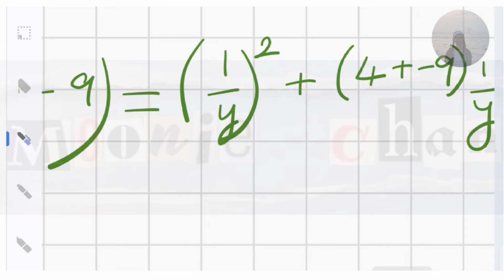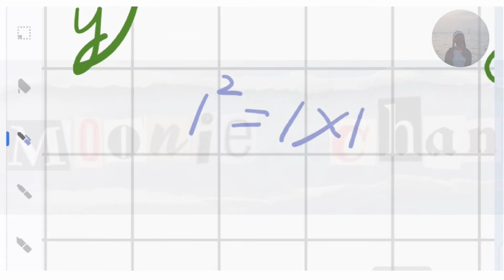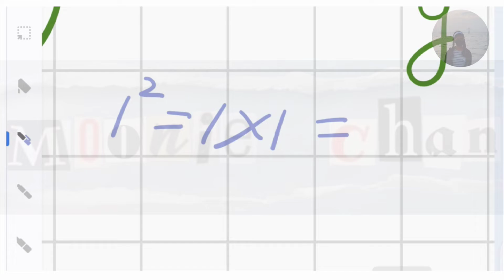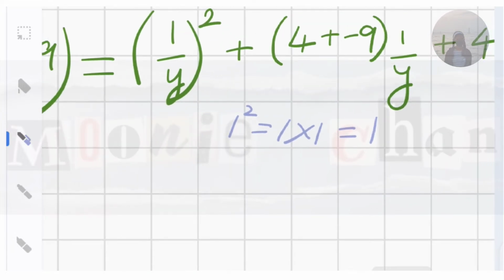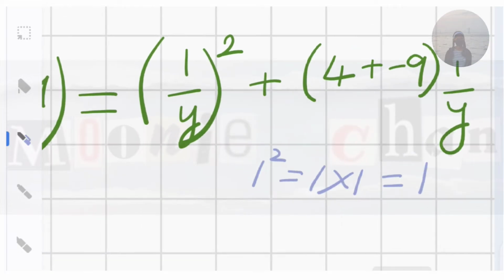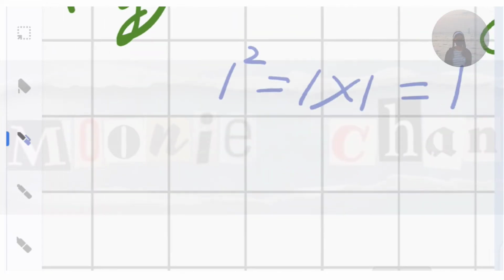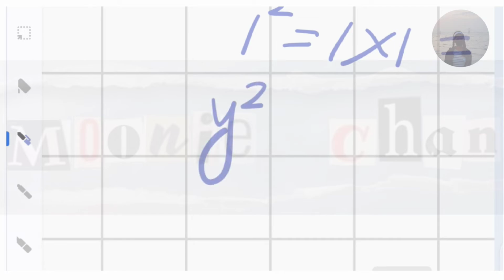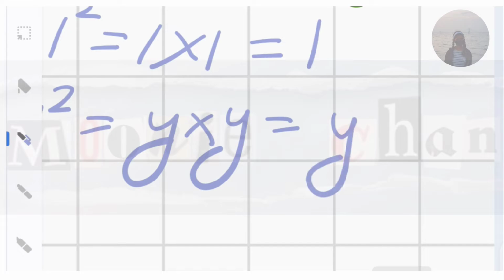So what is 1's square? 1 square is 1 into 1. And 1 ones are 1. So 1 square is done. Now the square also belongs to y, right? Now what is y square? It is y into y, and that is y square only.